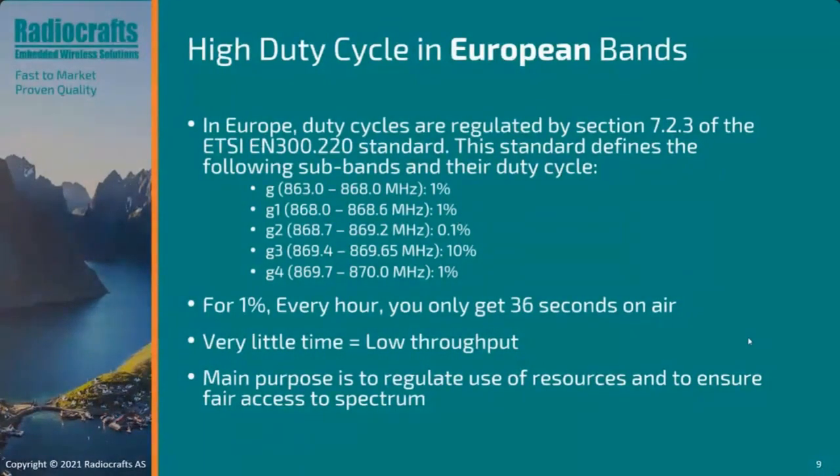Duty cycle refers to the time your radio is allowed to transmit in. In Europe, for example, under ETSI regulations, a radio's maximum duty cycle is 1%, which means that the radio is only allowed to transmit in 1% of the time. So this translates to only 36 seconds in one whole hour.